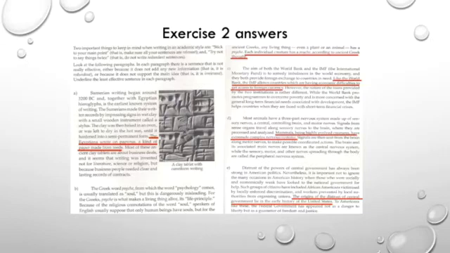Paragraph C. "Like the World Bank, the IMF allows countries which are having difficulties to get access." This sentence can be deleted because it is redundant.